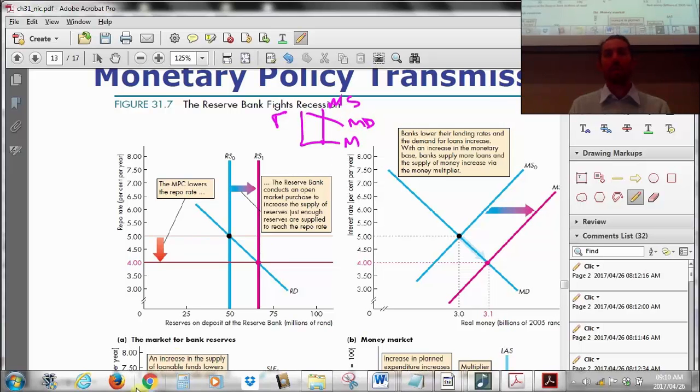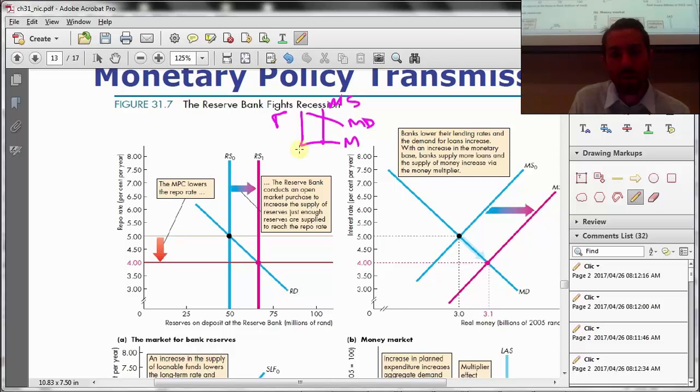They split this market into, first of all, a vertical supply of loanable funds, and then an upward sloping supply of money through the banking system. But this upward sloping supply of money is derived from this vertical supply of reserves.